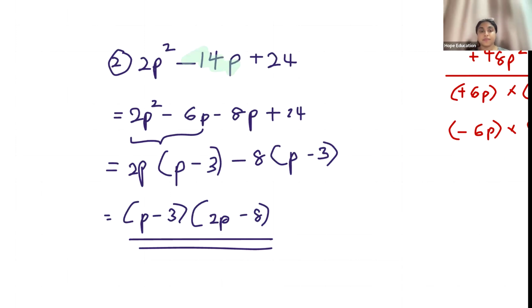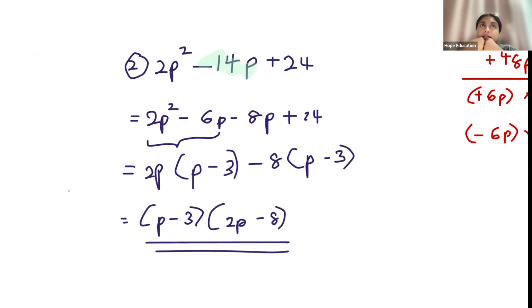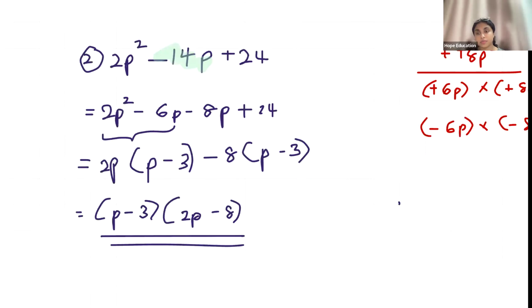Miss, I got p minus 4, 2p minus 6. What is it? P minus 4, 2p minus 6. What is it, Ismail? 2p minus 6.